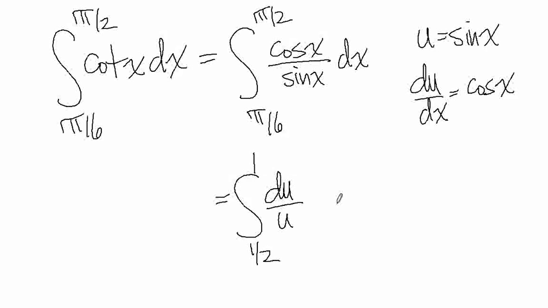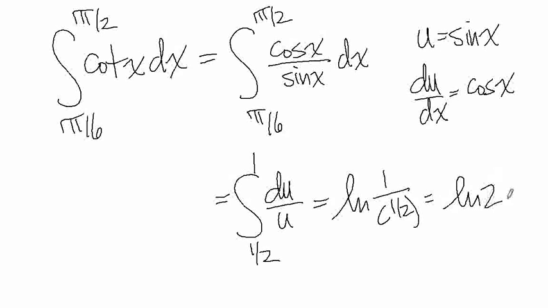So now, using that pattern I noticed, the integral of the reciprocal of a variable is equal to the natural log of the ratio of the limits of integration if they're positive. So this is equal to the natural log of 1 over 1/2, or the natural log of 2.